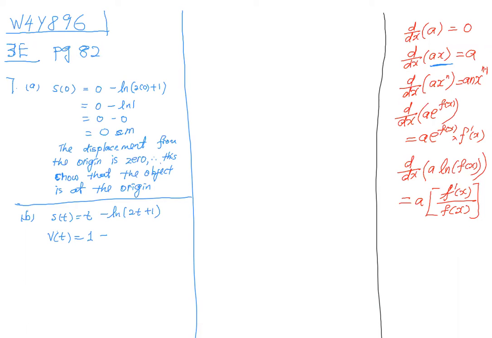Okay, so the ln(2t plus 1), what is the derivative? Hao Xian? Hao Xian, you are supposed to use this one.